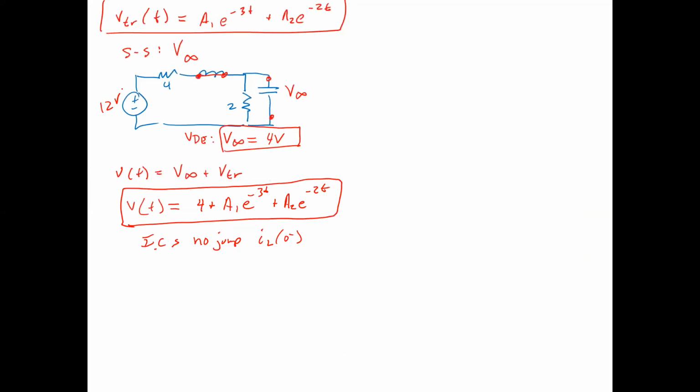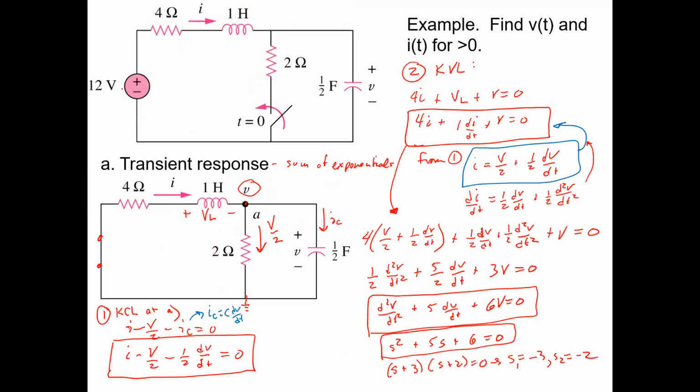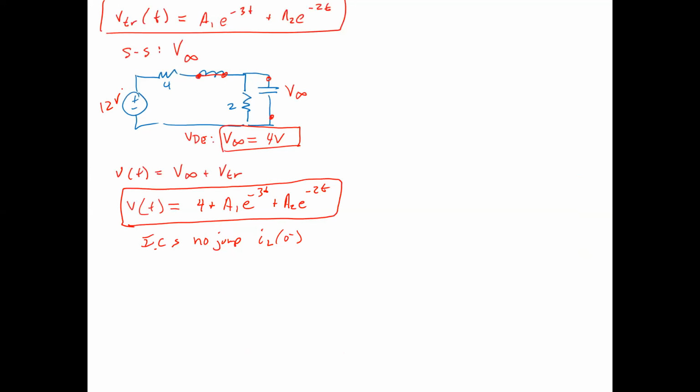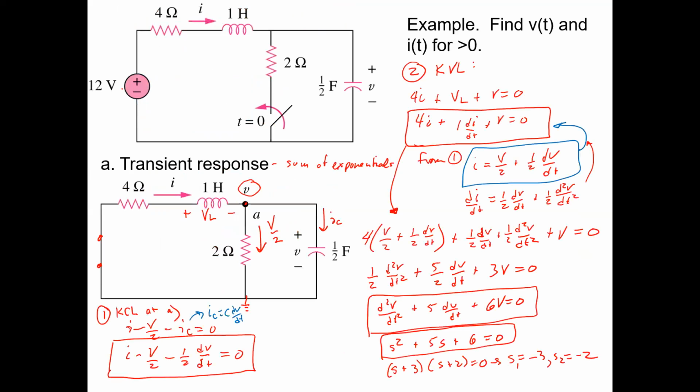What does the circuit look like before, with an open circuit there at the switch? What was IL of 0 minus, before that switch closed, what was the current?